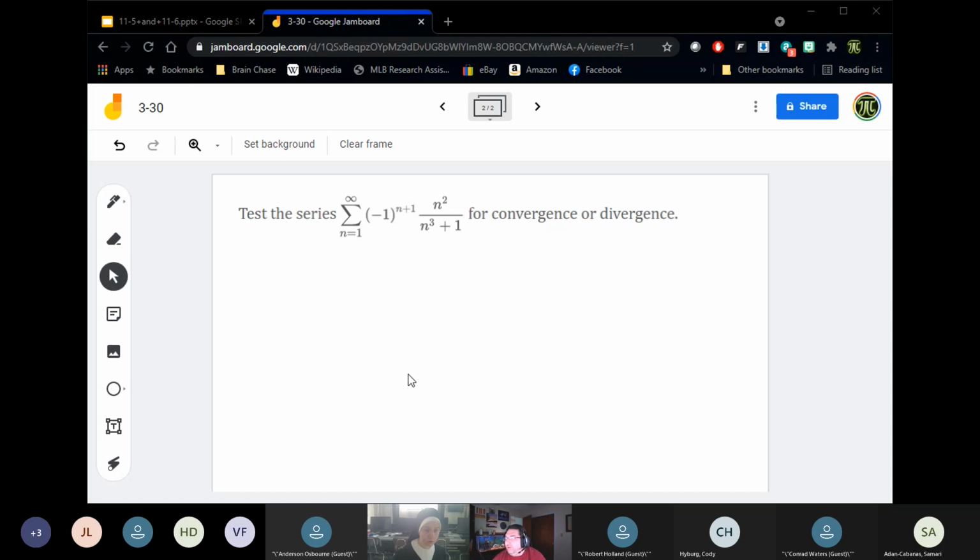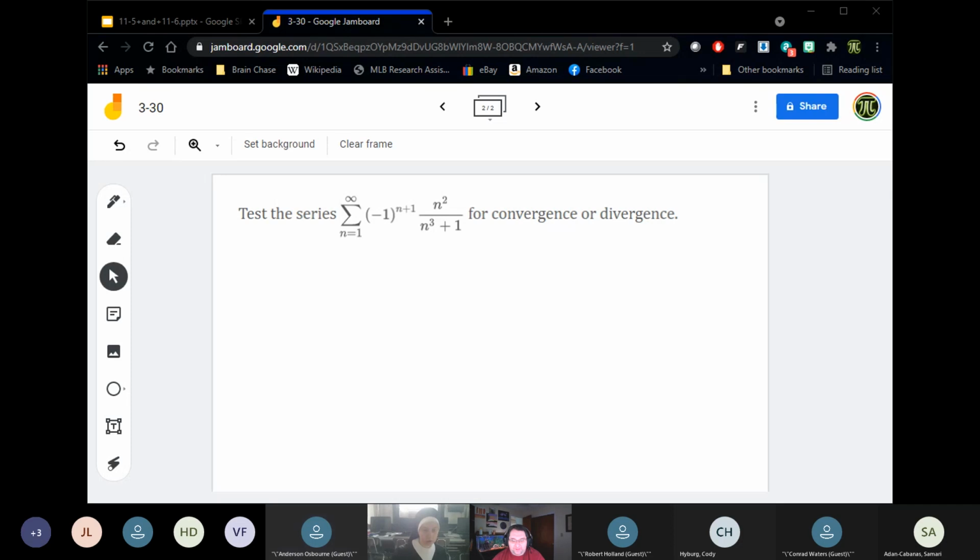So if we look at this one, it's probably pretty quick to see if the limit goes to 0, because I really just have n squared over n to the third plus 1. So what am I going to divide all those by to find the limit? N to the third. Right.